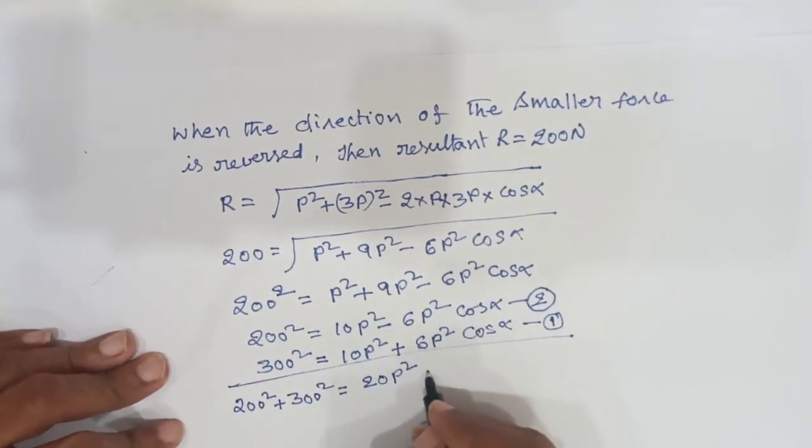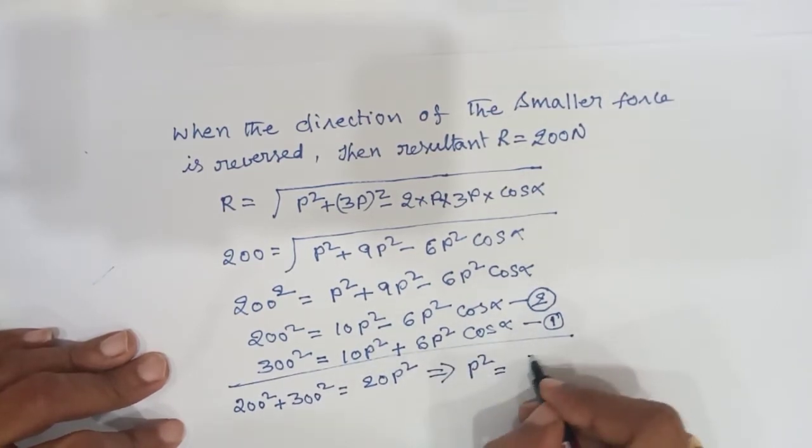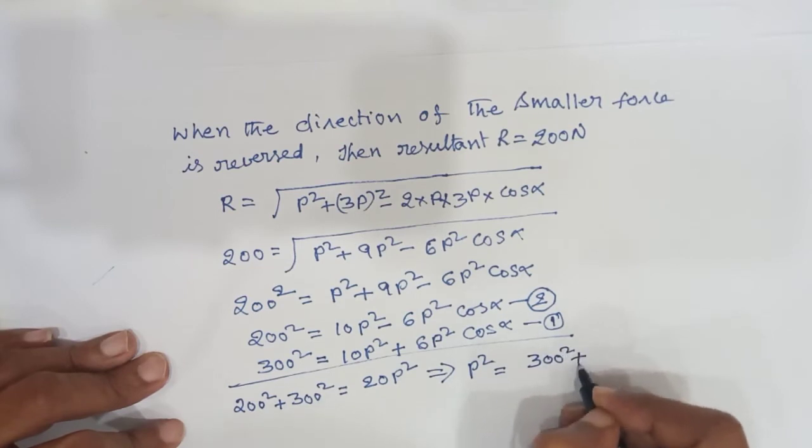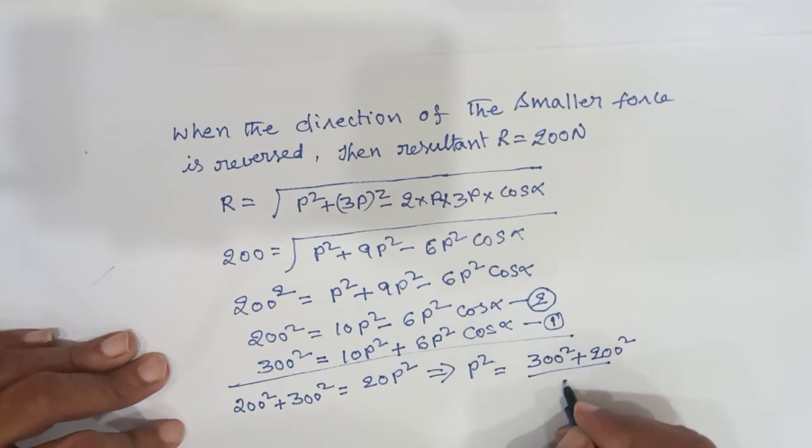Then P square is equal to 300 square plus 200 square by 20.